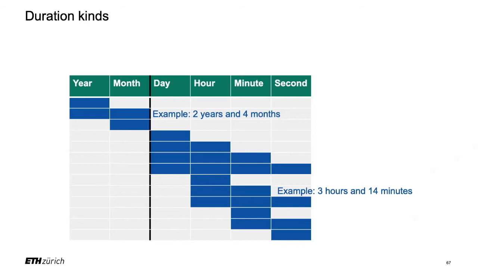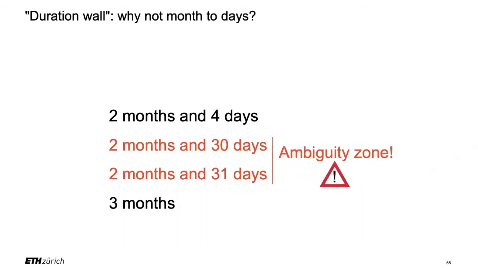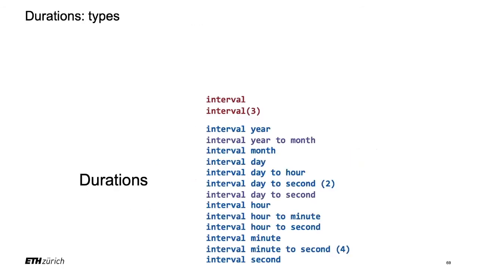Or yeah, you agree. And then coming to your answer, so yes, this is correct. Indeed, if you ask how many months in a year, 12. How many minutes in an hour, 60. How many seconds in a minute, 60. But how many days in a month, 30, 31, 28, 29. This is the idea, right? So you basically have an ambiguity right here, and that's the duration wall, right? Okay.